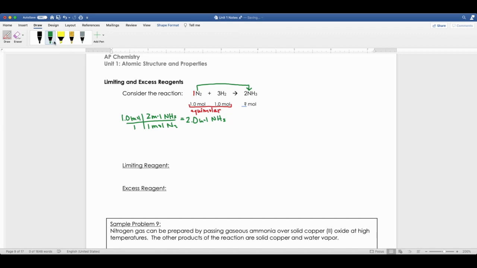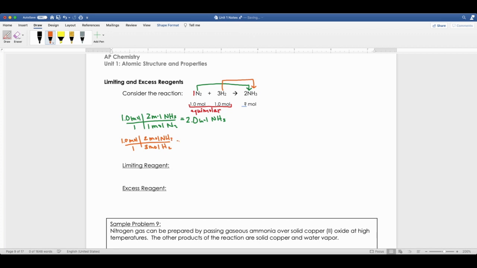So now let's determine how many moles of ammonia I can make from 1 mole of hydrogen. And again, we have to use that balanced equation using that mole ratio. So if I'm starting off with 1 mole of hydrogen, it looks like here 3 moles of hydrogen produces 2 moles of ammonia.